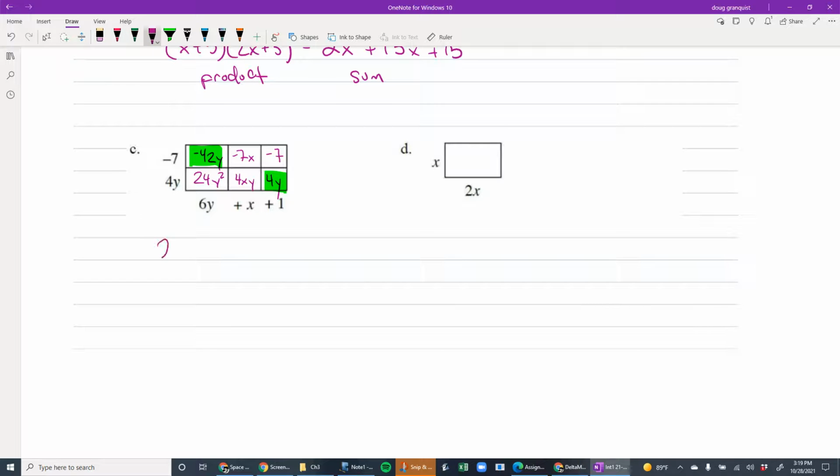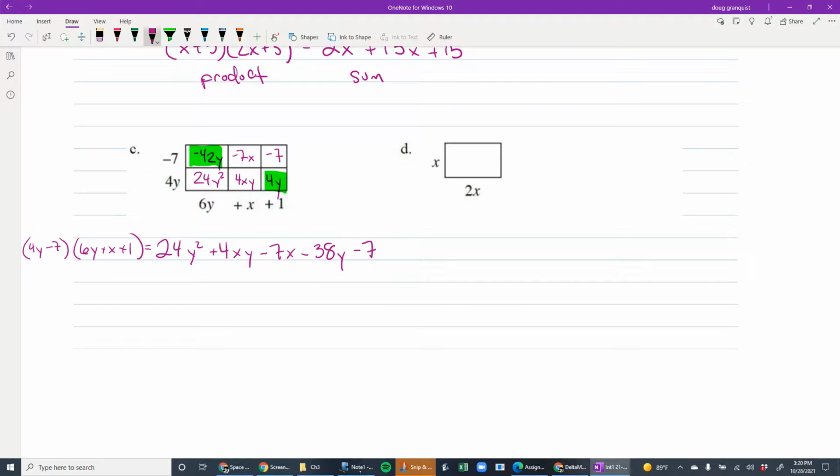I'm going to then list all the other things out. 24y squared plus 4xy plus, actually it's going to be minus 7x, then minus 38y when we combine that, and minus 7 at the end. Remember, this is equal to the two things multiplied together: 4y minus 7 and 6y plus x plus 1.